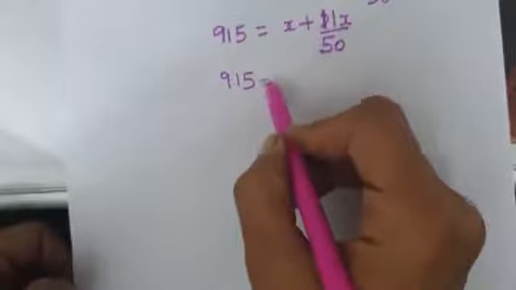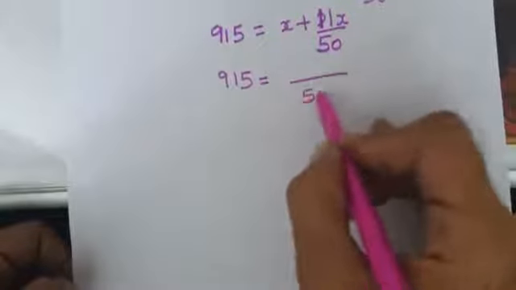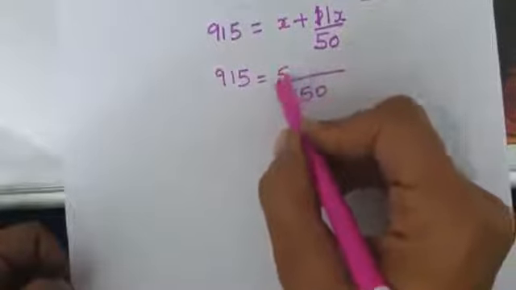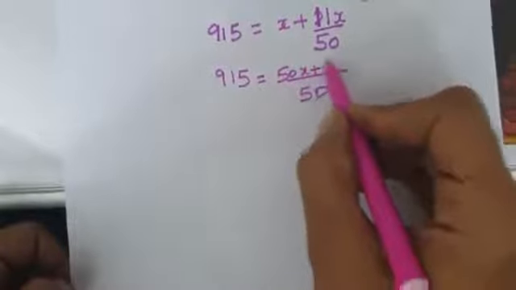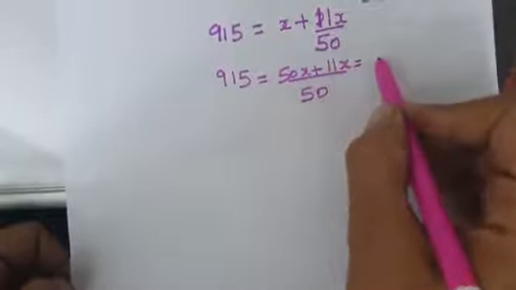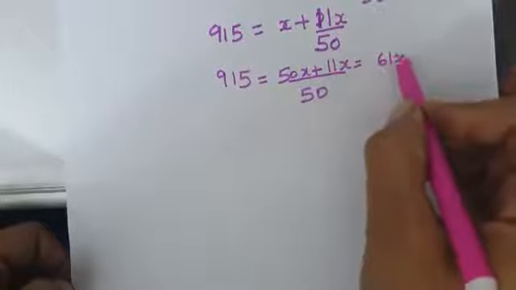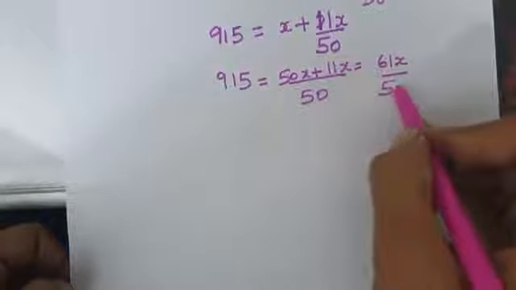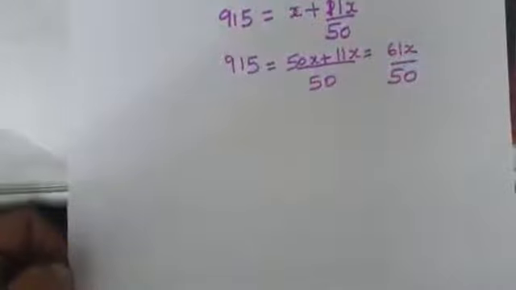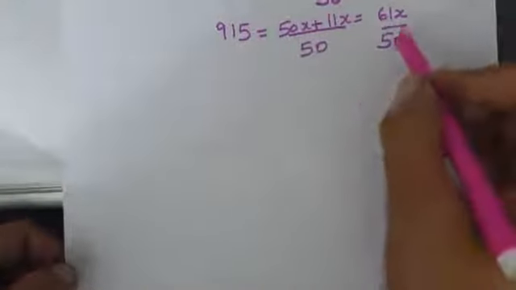915 is equals to 50 LCM. So 50x plus 11x, what we get? 61x upon 50. Clear? So now you have to find x.